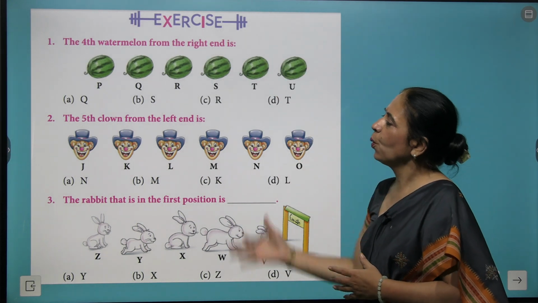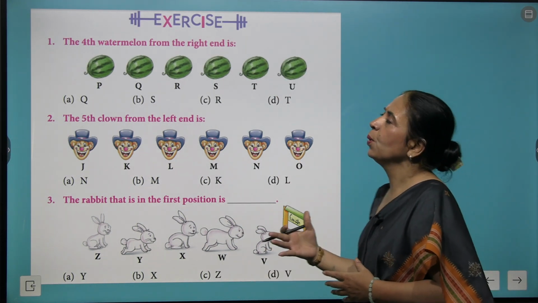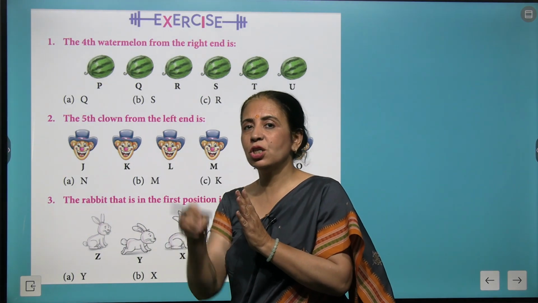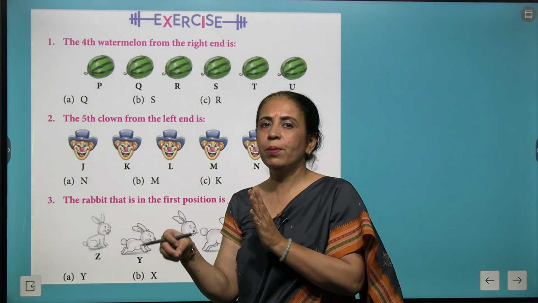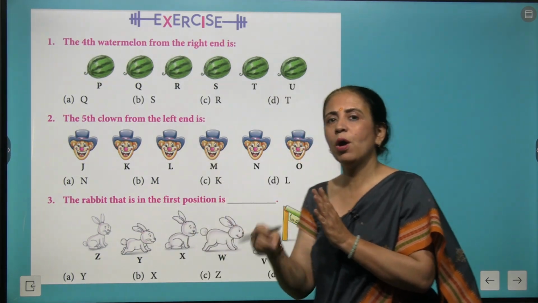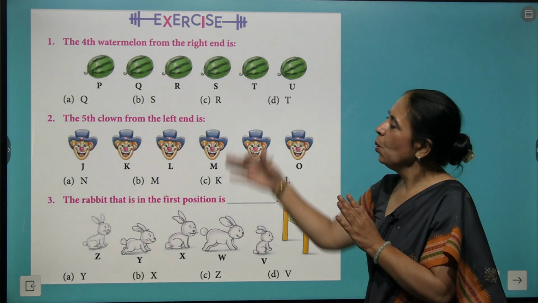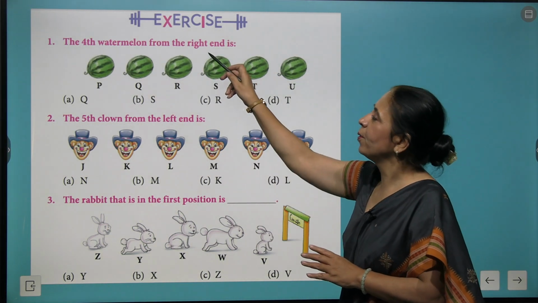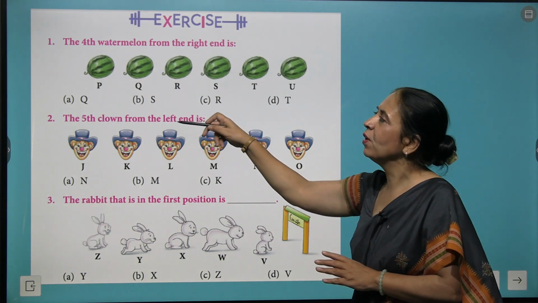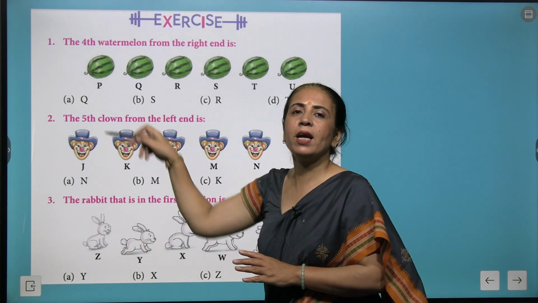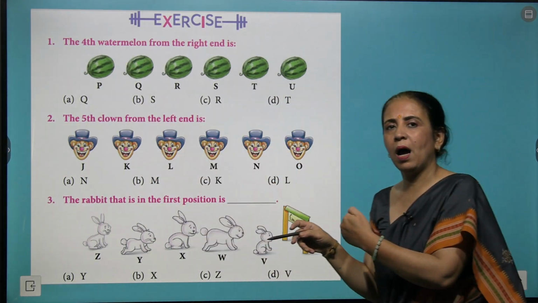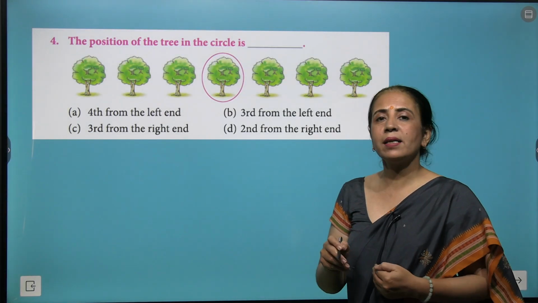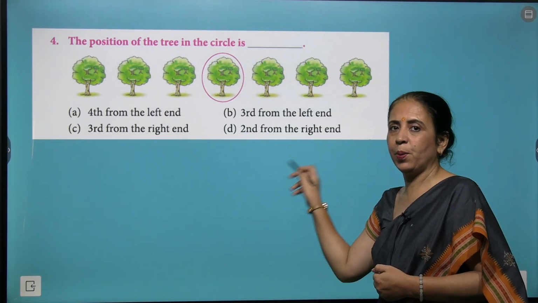Now, few more questions ahead where you have to identify the exact location, the position of the particular object or particular person. So, we are going to first read whether we have to start from right or from left, and then we have to check how many steps we have to move, and that gives you the exact answer for the required questions.